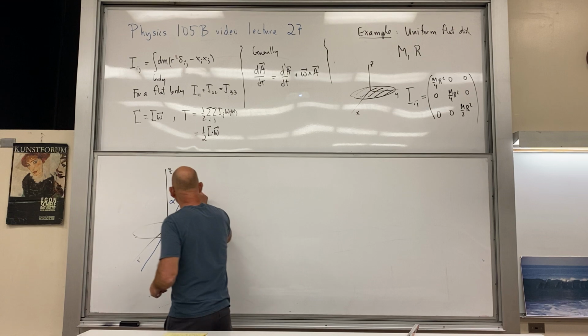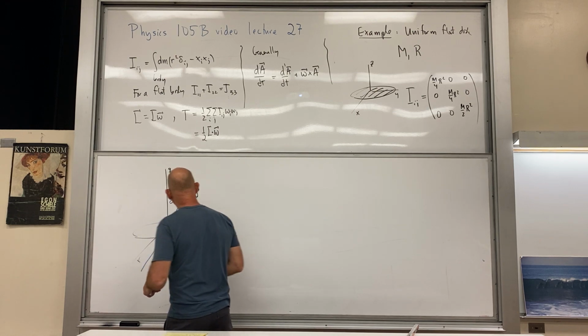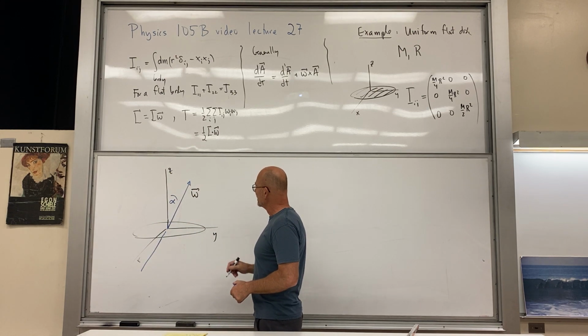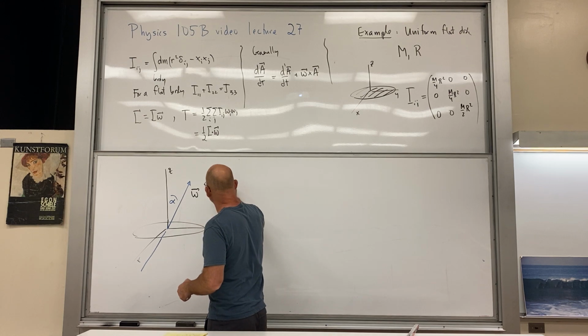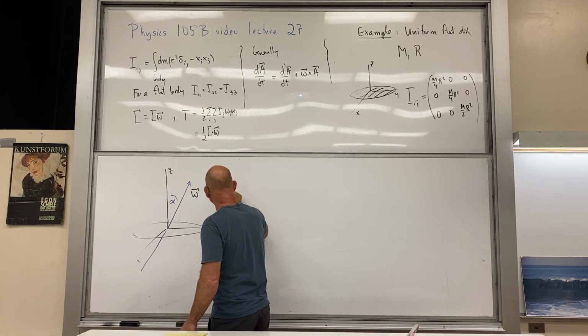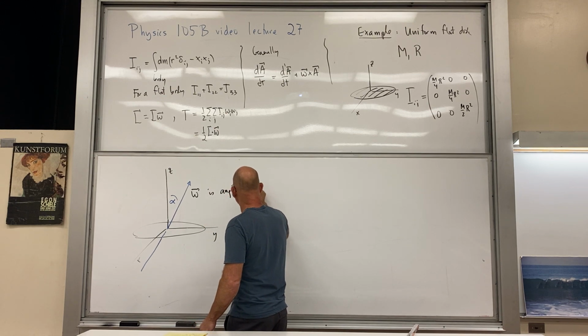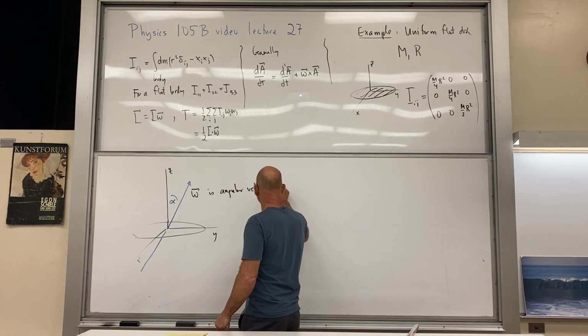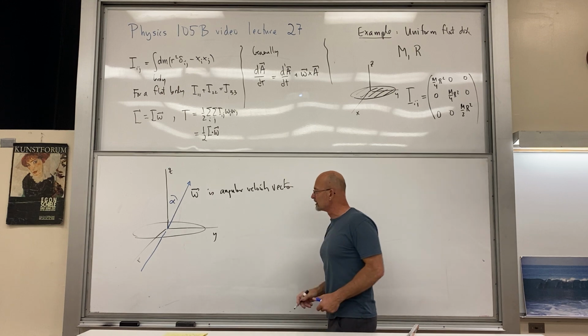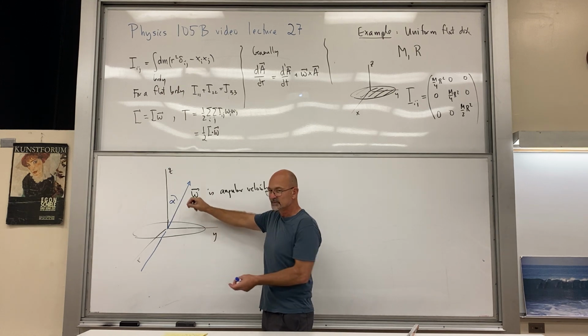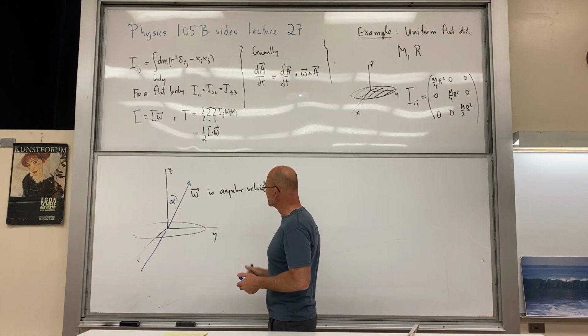So this is the vector omega, the angular velocity vector, and it's a fixed axis. It's a physical model that we're actually thinking about here.